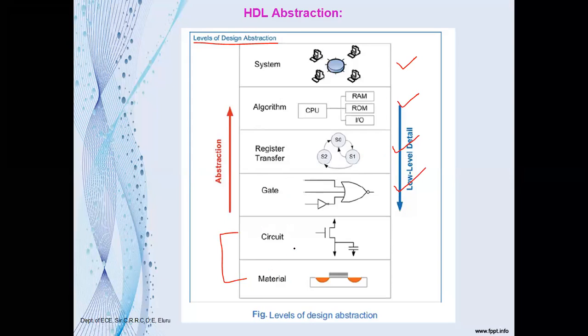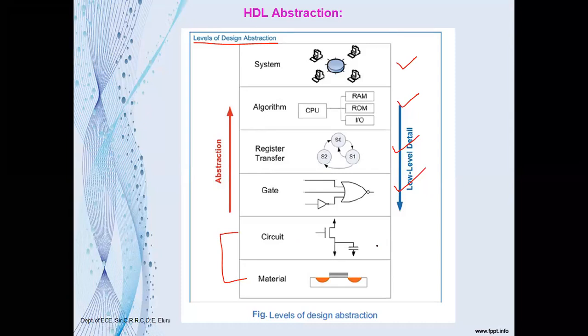Why so? Because describing a digital system with the help of circuit components is very impractical. It is not possible to describe a computer CPU with the help of transistors, because there are billions of transistors.